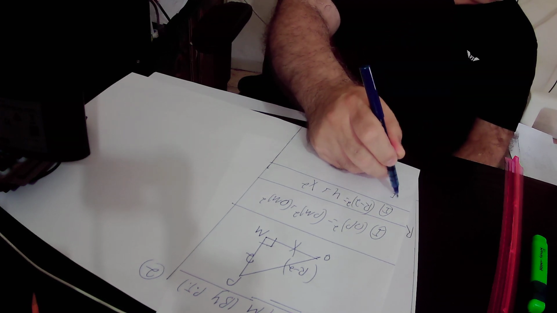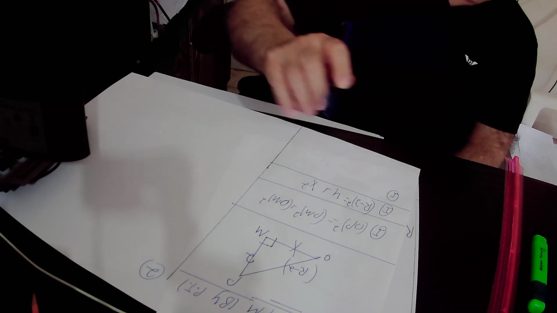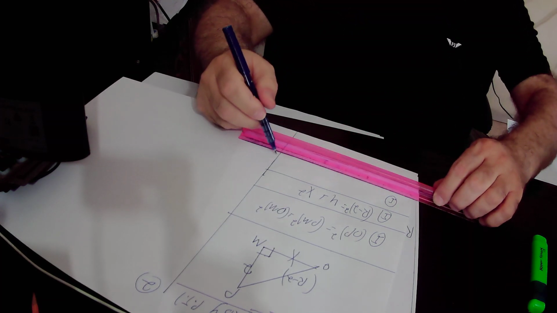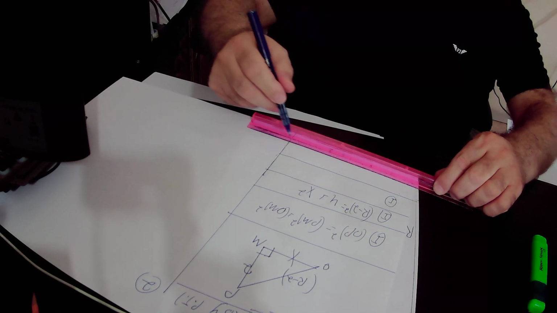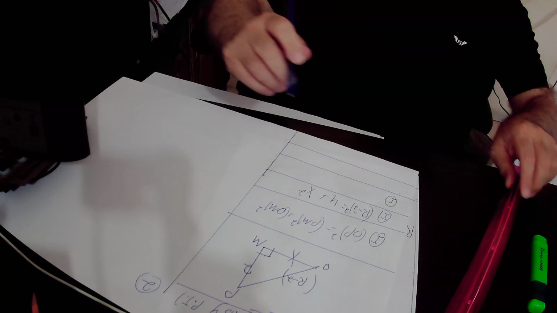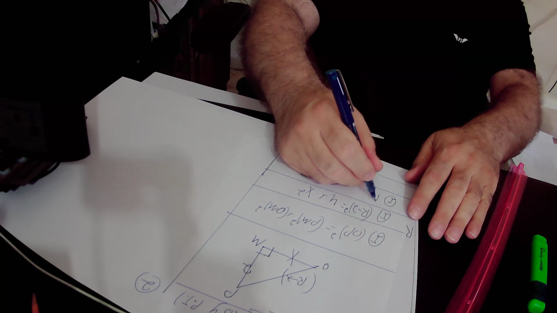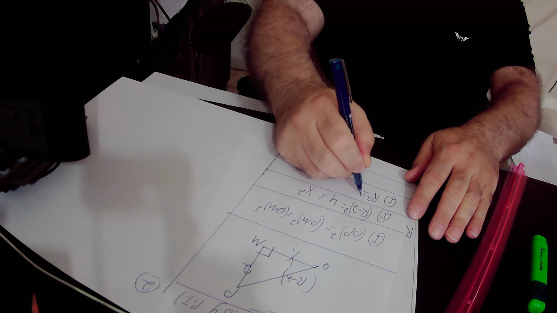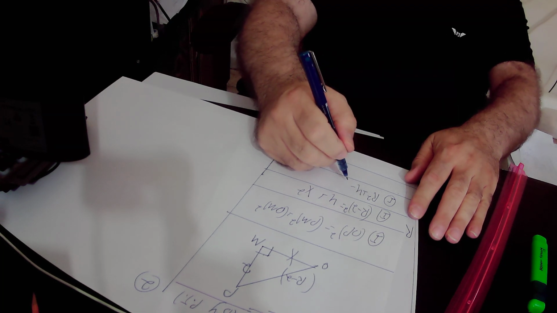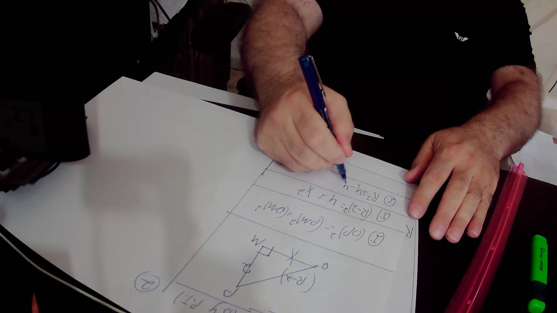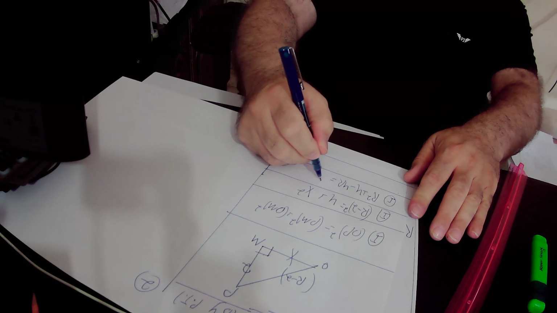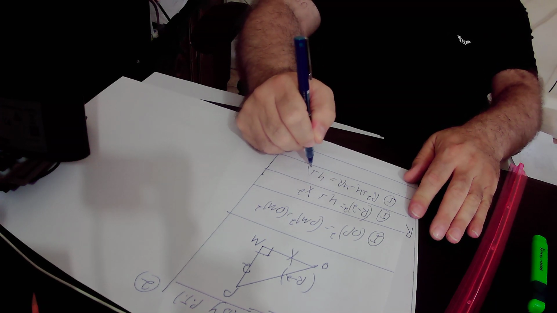Here we will open the brackets on this side of equation number 1, and we get R squared plus 2 squared, that is 4, minus 2 times R times 2, that is minus 4R, and it is equal to 4 plus X squared.